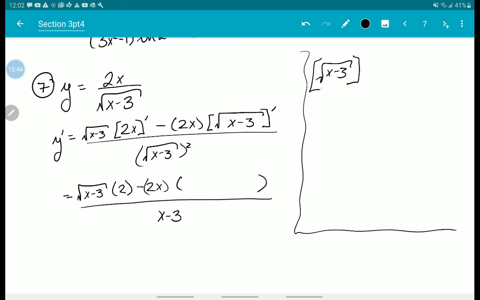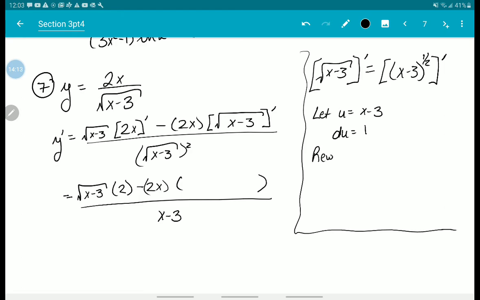And we know we could rewrite square roots as a 1/2 power. So we're going to let u be that inside function, x minus 3. du is just 1.